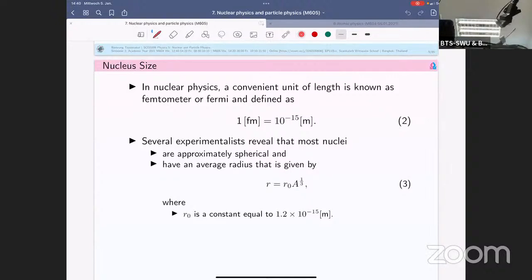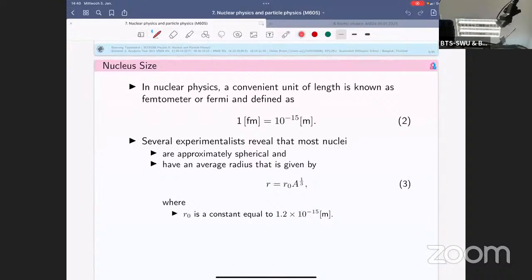We assume that the geometrical shape of the nuclei is spherical, and we have an average radius that is given by R equal to R0 times A to the power 1/3, the cube root of A. And A, you know A, right?